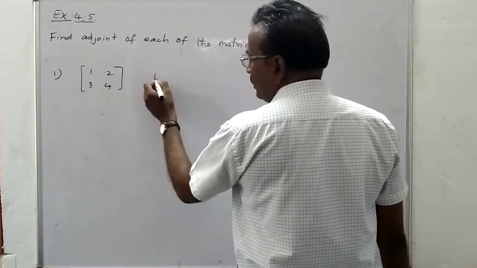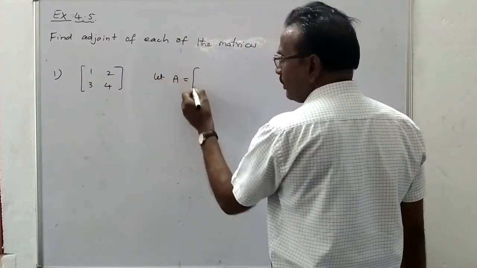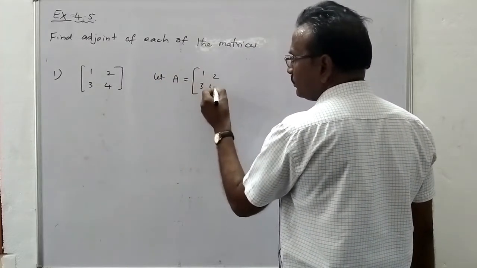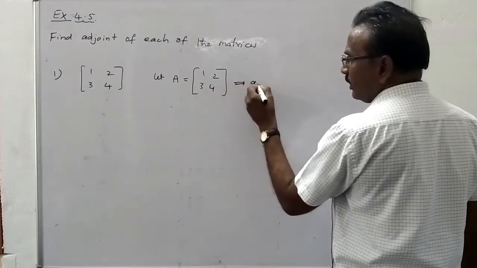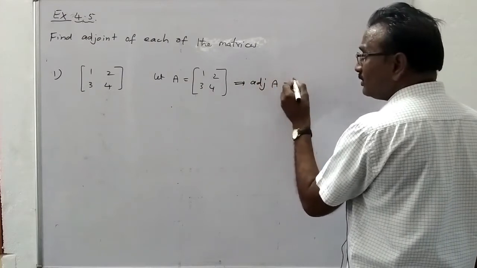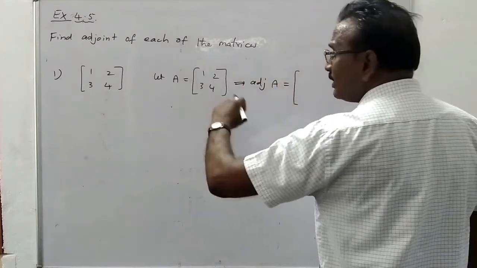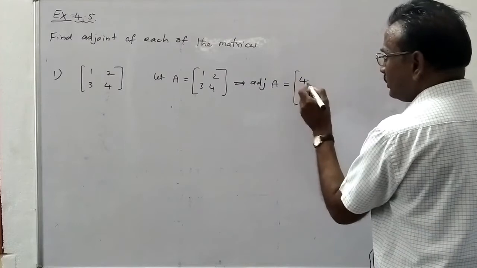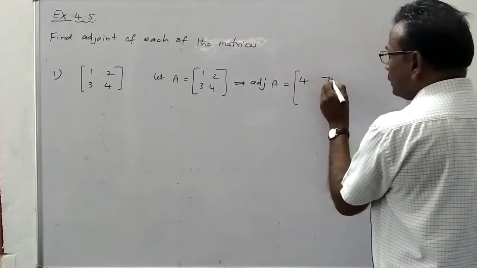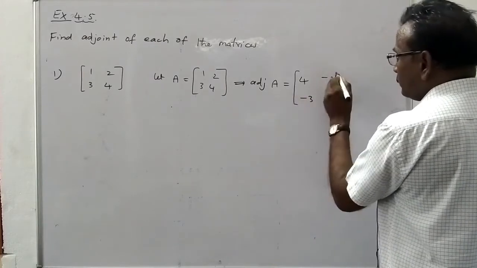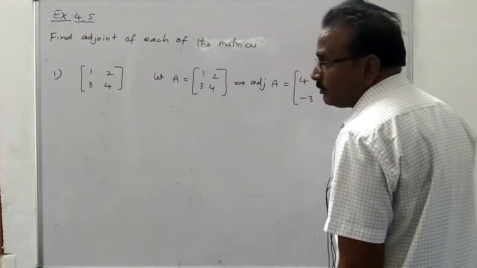Let A be the given matrix 1 2, 3 4. The adjoint of a second order square matrix is obtained by interchanging the principal diagonal elements. So first interchange the principal diagonal elements, 4 and 1, and change the sign of the other elements, minus 2 and minus 3. So this is the adjoint of A, which we can write directly.